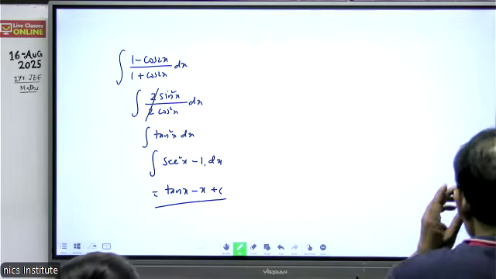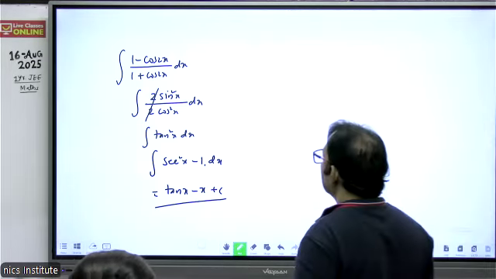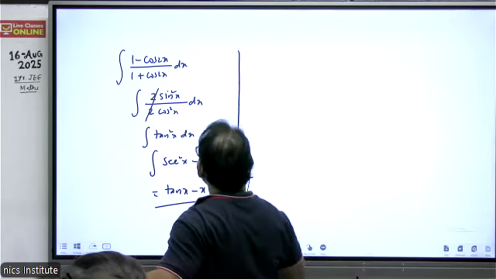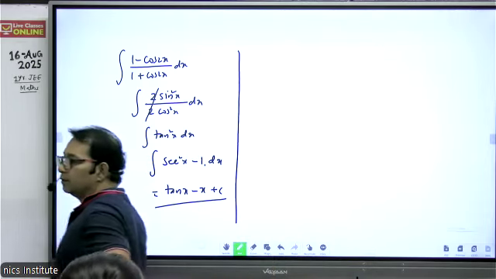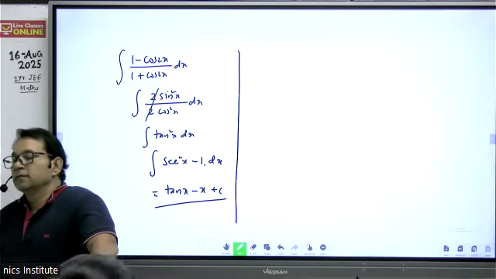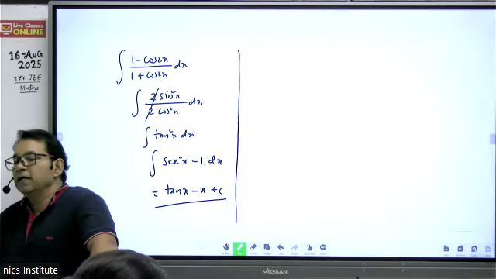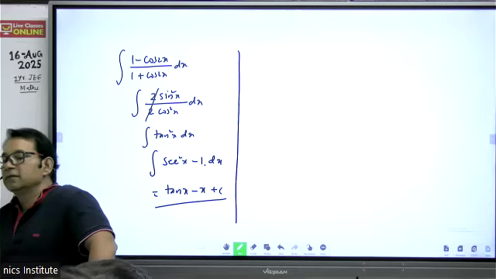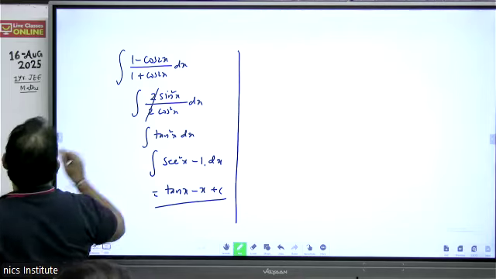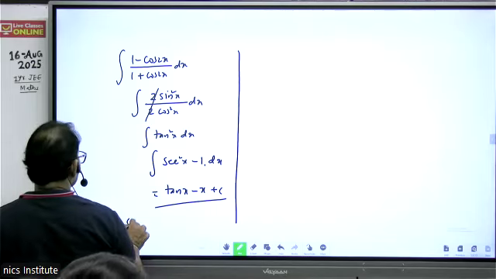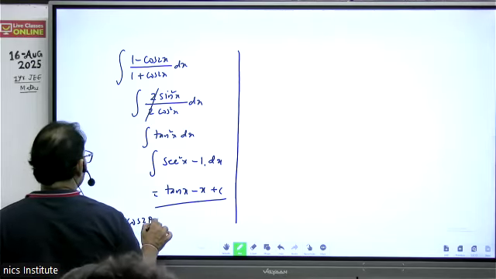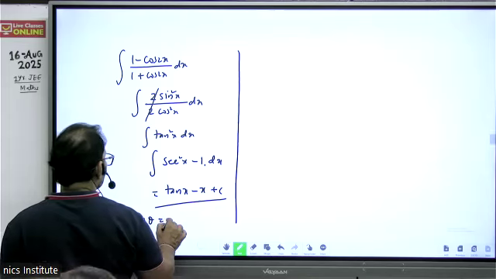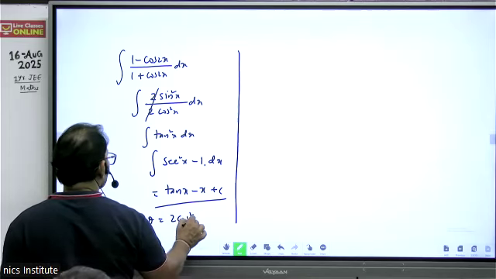Any question you want to ask, you can ask. मेरा सेकंड का सेकंड हो गया. Done. No, sir, I'm stuck on that. Use half angle formula. Cos 2 theta, you can use 2 cos square theta minus 1.